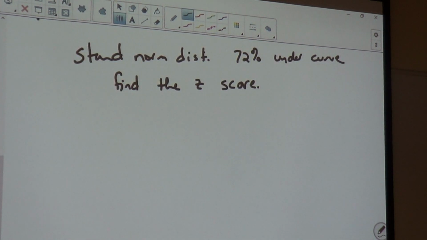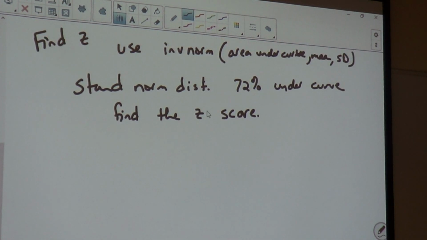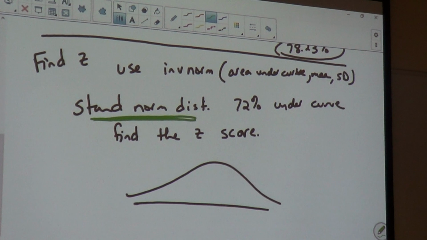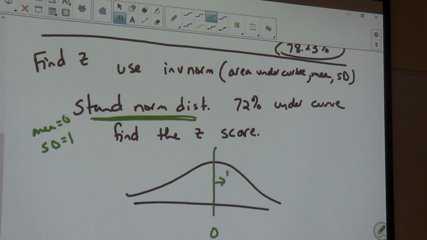Okay? So if I had to draw this one, and I like to draw it just to see what I have. It's a standard normal distribution, which means we have a mean of 0 and a standard deviation of 1. Now, this time it is telling me that the area under the curve is 72%.